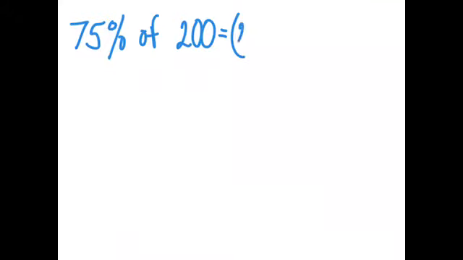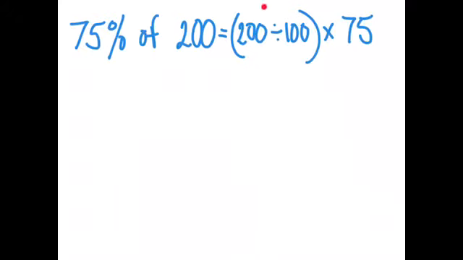So we put our brackets in, 200 divided by 100, close the brackets, multiply by the 75 that we want. So inside the brackets, we're working out 1%. And once we've got our 1%, we multiply it by the 75. That's basically what you're doing.